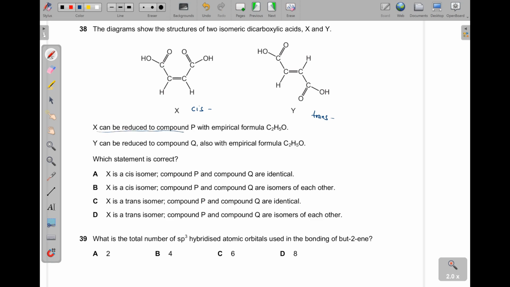X can be reduced to compound P with empirical formula, this one. So when we reduce this one, the carboxylic acid is going to go to the primary alcohol. So we can have something like this, C, then C here, then there is CH2OH. Also here we have CH2OH.